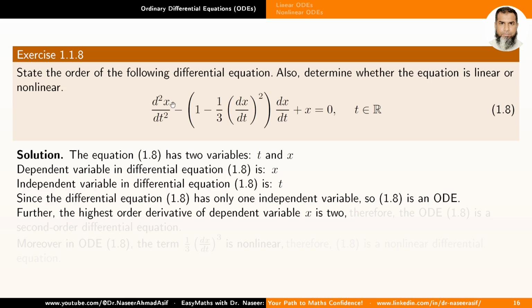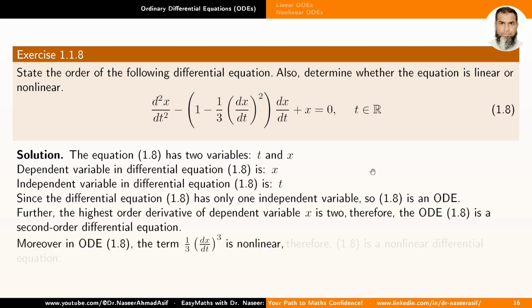Here you can see this is the second derivative of x. Therefore, the ODE 1.8 is a second order differential equation. Moreover, in ODE 1.8, the term 1 by 3 (dx by dt) square multiplied by dx by dt is a non-linear term. Therefore, 1.8 is a non-linear differential equation.